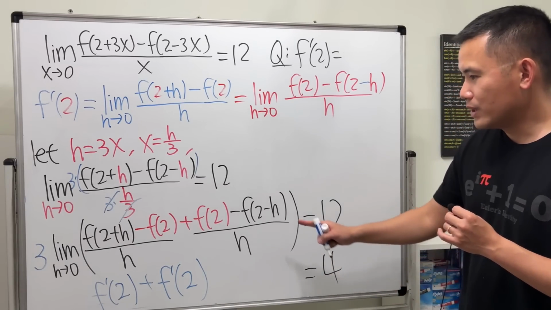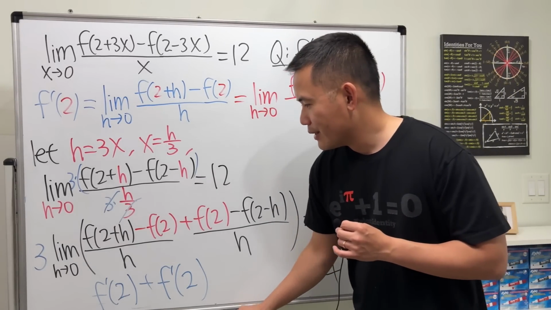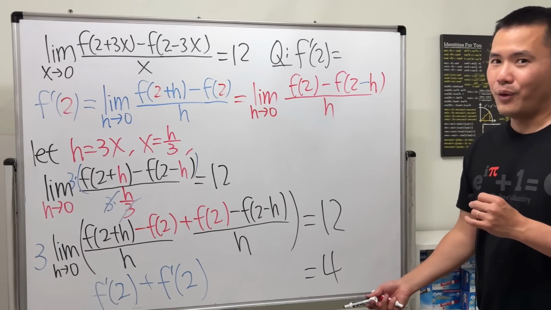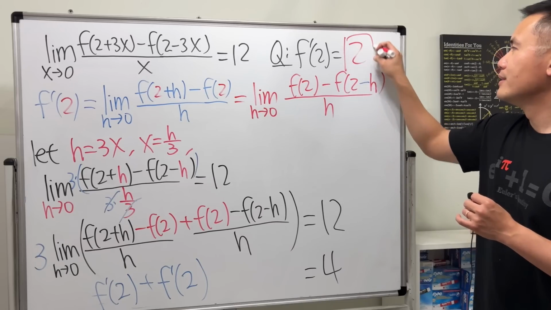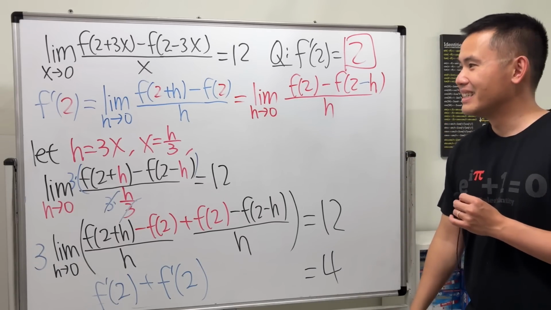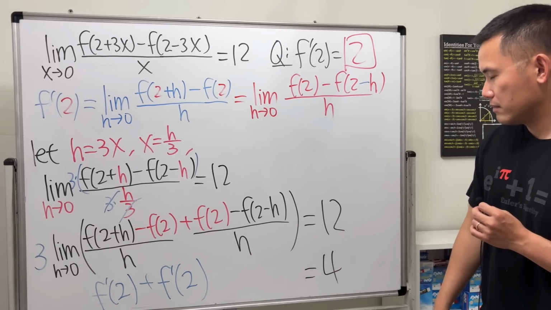And of course, if we divide both sides by 3, this is equal to 4. So 2 of them equals 4. That means one of them is equal to what? Just 2. And that's it. Yeah, it works like that.